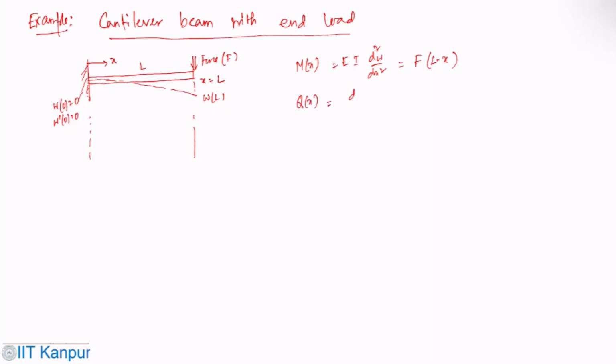And dM by dx, which is minus F. So dQx by dx is 0 because EI is constant and there is no distributed load.